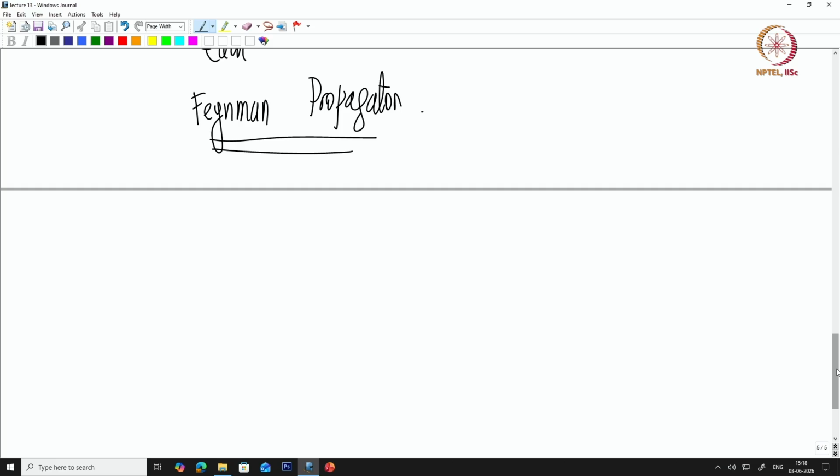It plays a very important role in interacting field theories and takes care of these issues for x0 greater than y0 and for y0 greater than x0. It introduces the time ordering in the propagator.